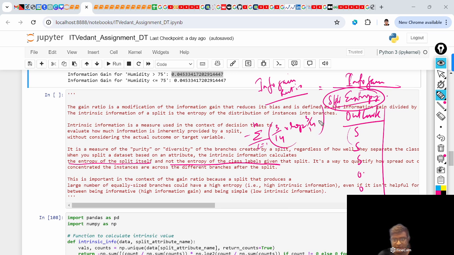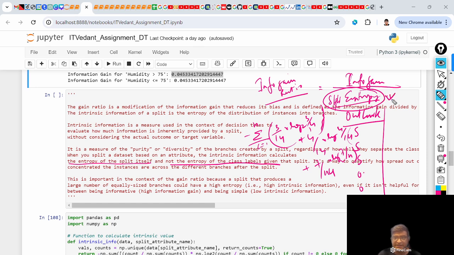Then again plus, within this bracket for Outlook Overcast it is 4 by 14 into log 2 of 4 by 14. Then plus again whatever the rest amount is, 7 by 14 into log 2 of 7 by 14.